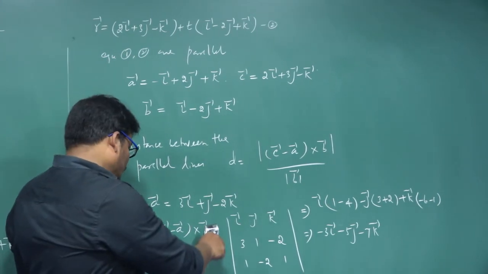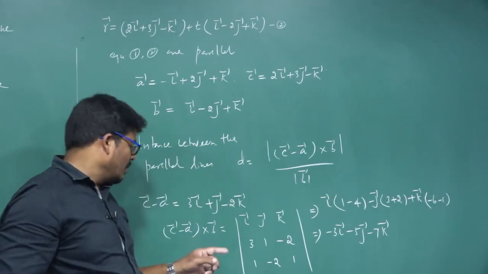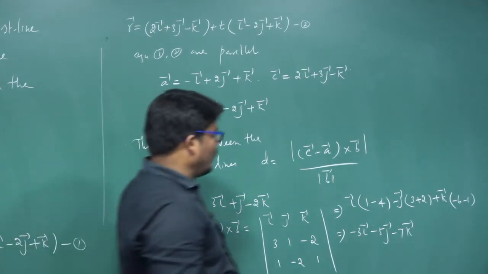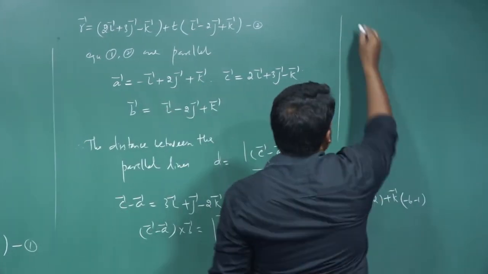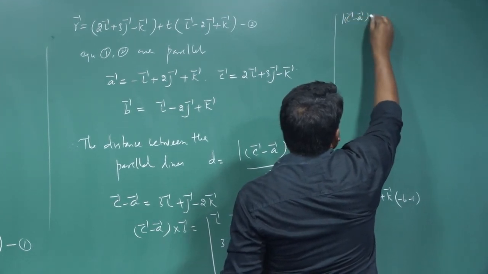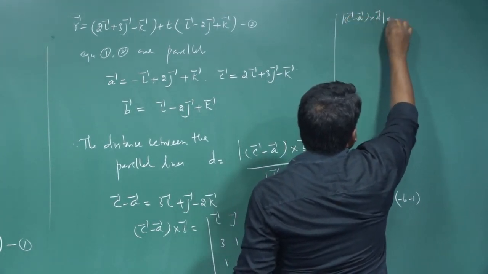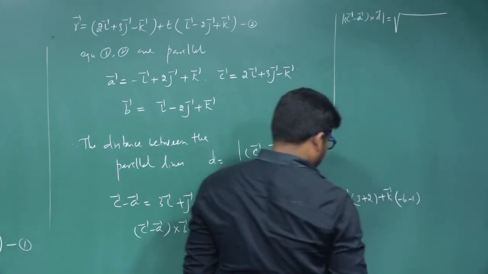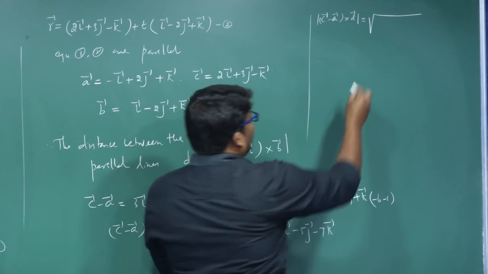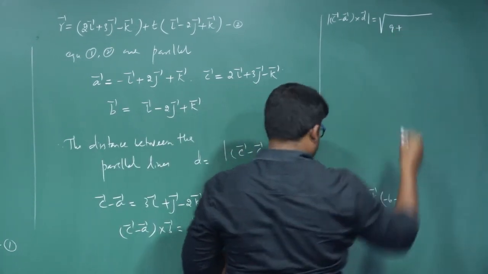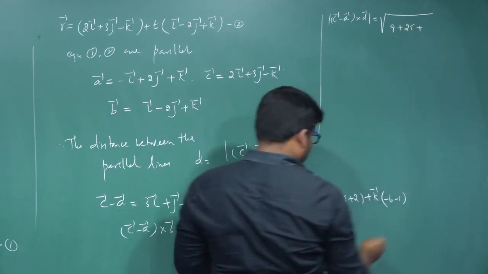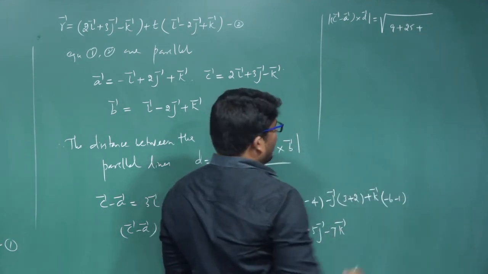Next, now find the modulus of C vector minus A vector cross B vector, which is the square root of the value. Square root of 3 squared, that is 9, plus 5 squared, 25, plus 7 squared, 49.